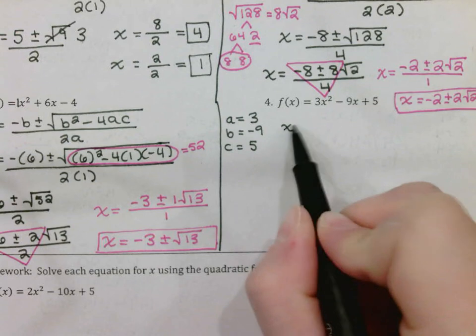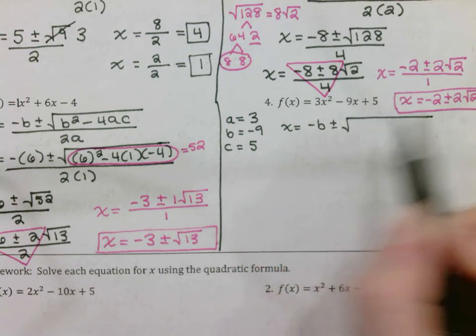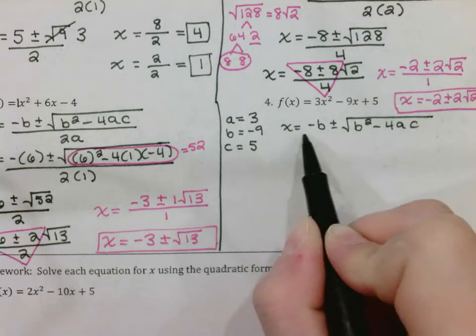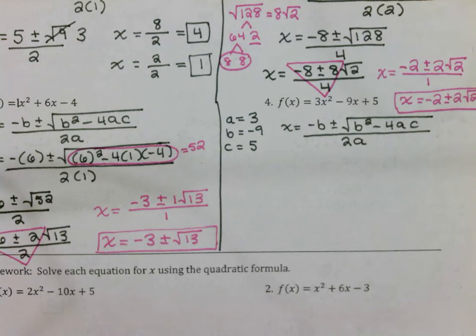I'm going to rewrite my quadratic formula. If you're getting good at plugging in your values into the quadratic formula, you can skip this and just go ahead and start plugging in right away instead, but I just like to show every single step. And if you're the type that makes little mistakes, you probably should do this as well.